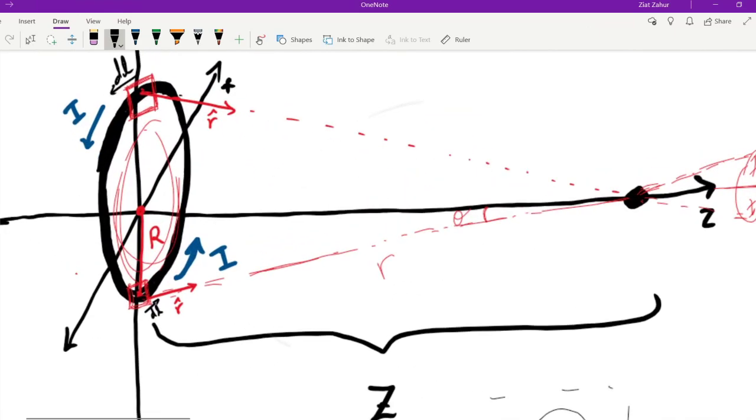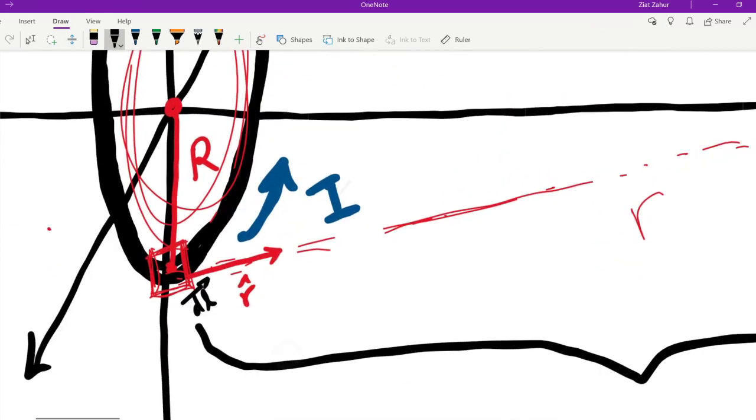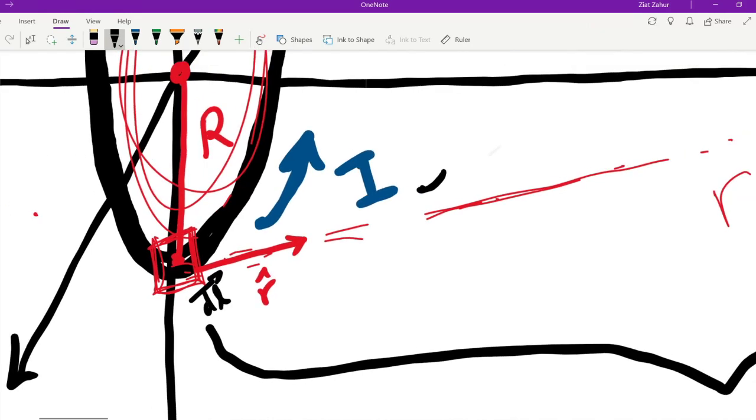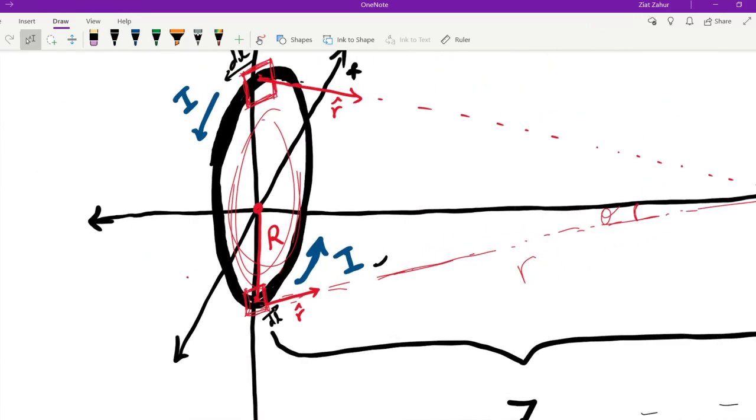Yes. L is the dl is the length. In this case, it's a little tiny arc length. And you'll see in a moment, when I add up all the dl's, you're going to get a whole circle. It's the circumference of the circle. When I integrate every little tiny little thing.